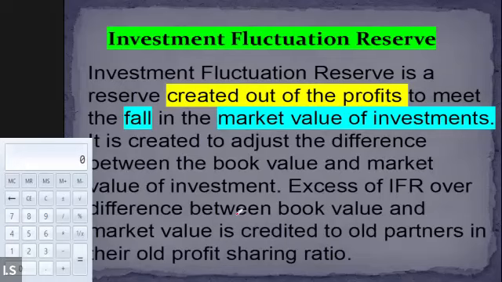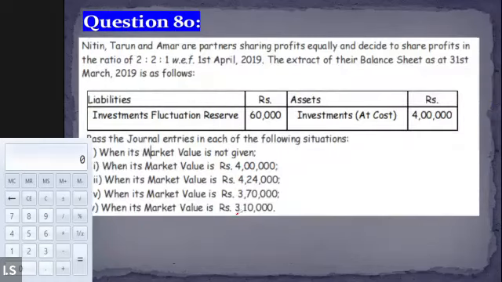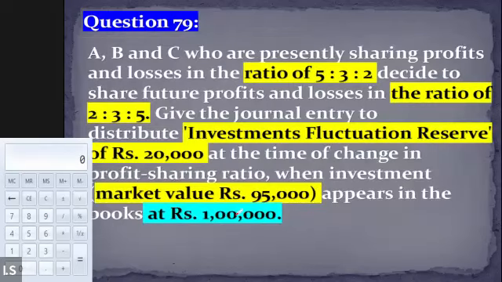Then we covered the different cases that may arise while treating it, right? At the end of the session I gave you one question for your homework, question number 80.